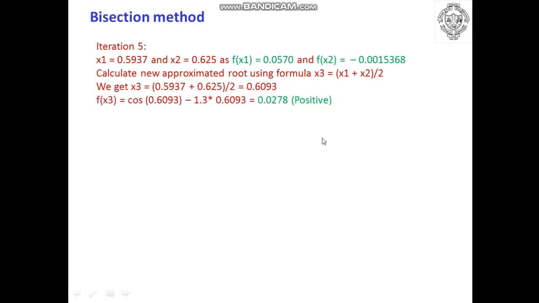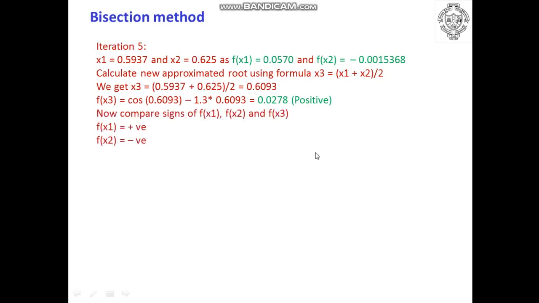Let us find the value of f of x3, which is cos 0.6039 minus 1.3 into 0.6039, which is equal to 0.0278. Now it is positive. So again we have to replace the value of x1 with x3, because the sign of f of x3 and f of x1 is the same.